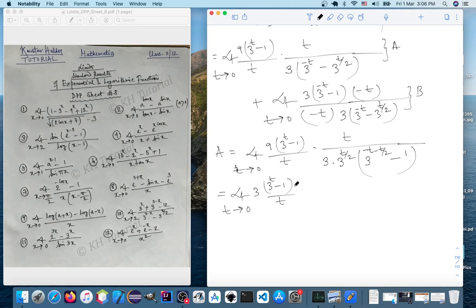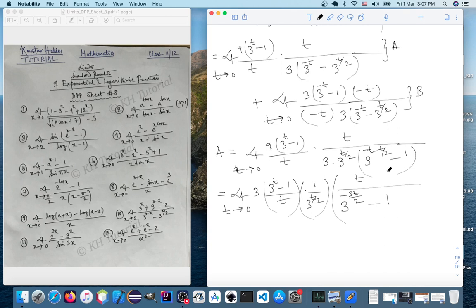We have this, and this won't create any problem. Now this becomes 3 to the power minus 3t by 2 minus 1.